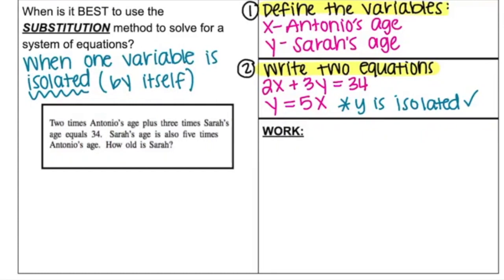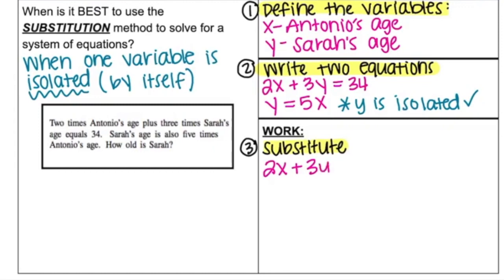As we work this out, there's kind of a two-step process now that we're actually going to start the work. So step 3 is going to be the substitution part, the main substitution piece. Since we already know that y is equal to 5x, that means wherever we see a y, we can replace it or substitute it with a 5x.